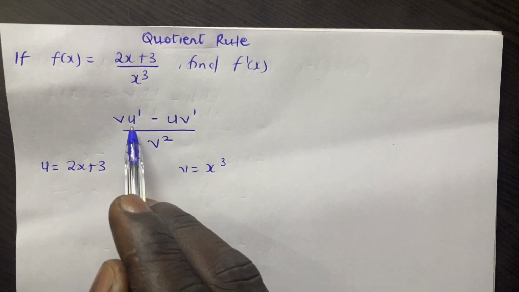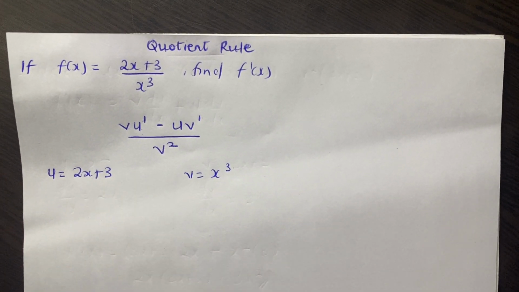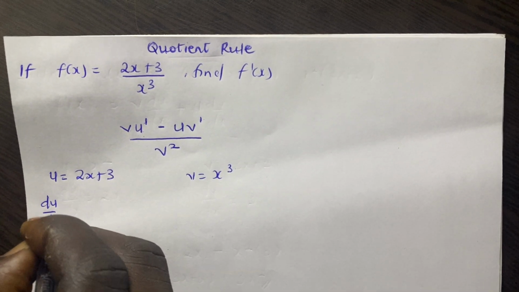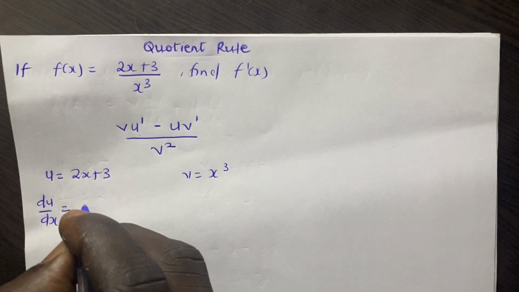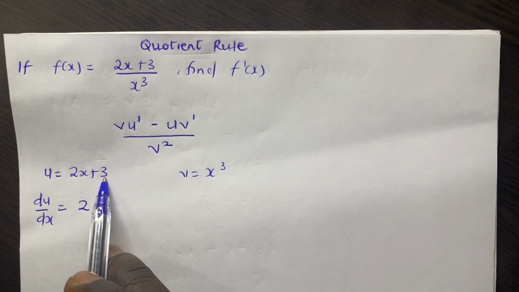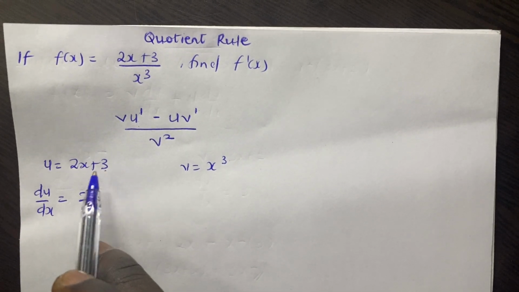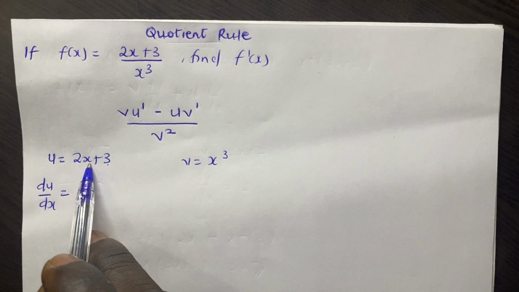So since we have u prime and then v prime here, which is the differentiation of it, we can just straight away find it. So we can write du dx, which is the same as u prime, to be equal to 2, because when differentiating this, because this is a constant, the differential of a constant is 0, and when you have to differentiate 2x, it's just the constant attached to the x, right?